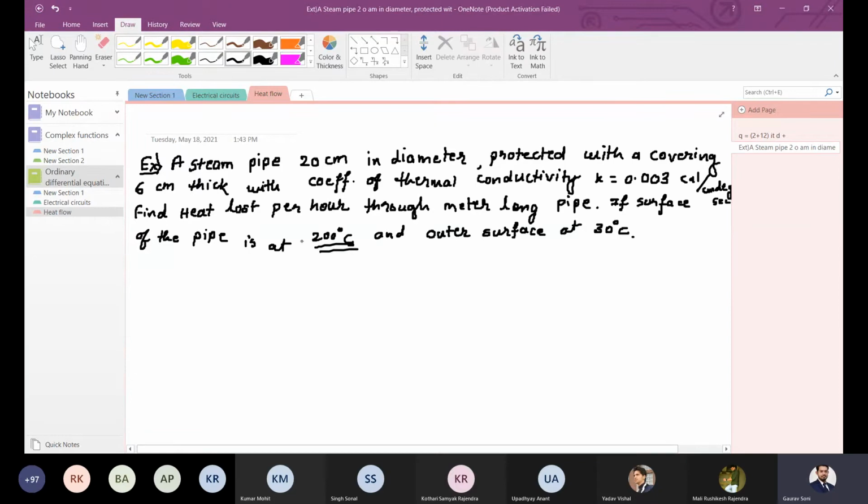What we need to calculate is the heat lost per hour, not per second, and through a meter long pipe, not 1 centimeter long pipe. So let's draw the diagram first in order to understand this better.